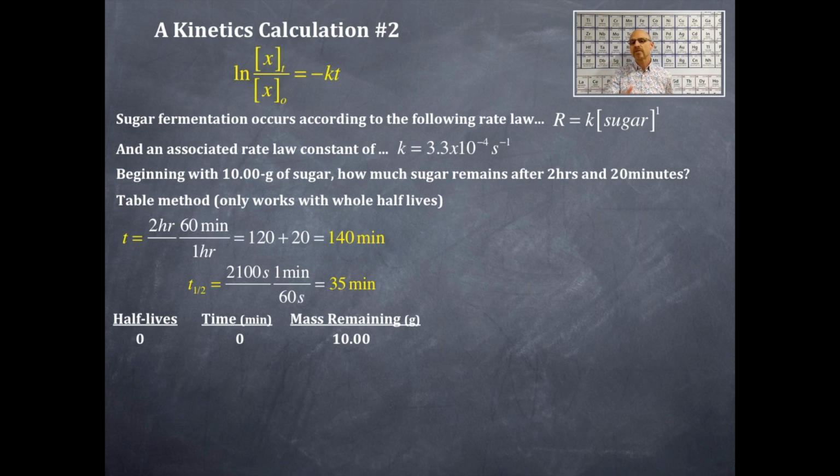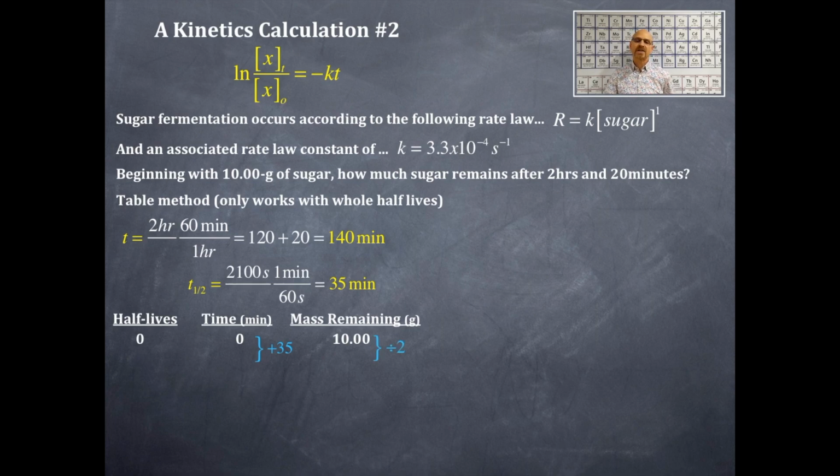So how do we fill out the rest of this data table? That's what we are interested in here. For the time, we're going to add a half-life amount of time for every half-life that we have. So we determined that the half-life time is 35 minutes. So we're going to add 35 minutes to the previous time, which was 0.